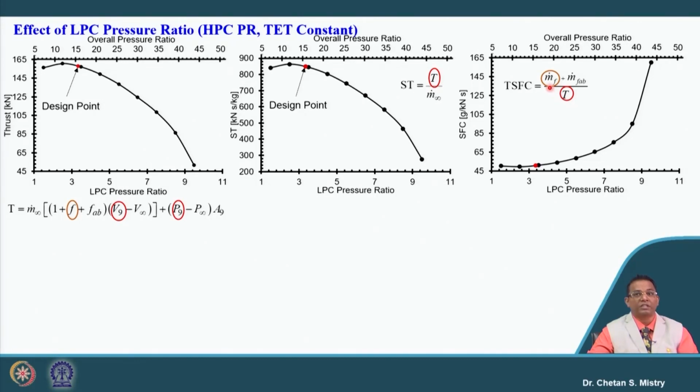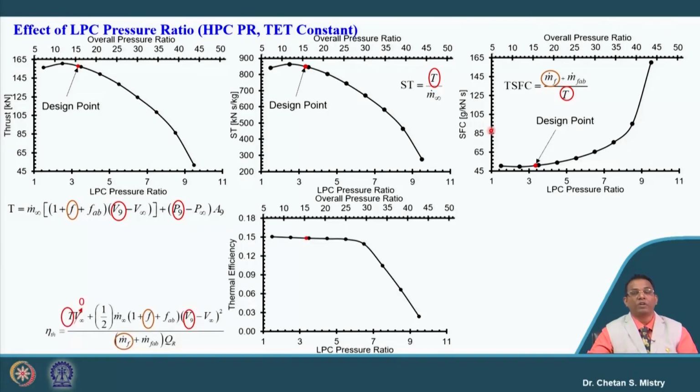Here, since we are increasing our compression ratio, in order to achieve the same temperature, the amount of fuel required will be lower, because we need to raise the temperature by a small amount. At the same time, in the denominator, the thrust value is lower, and that is the reason our thrust specific fuel consumption is going to increase with increase of LP pressure ratio.